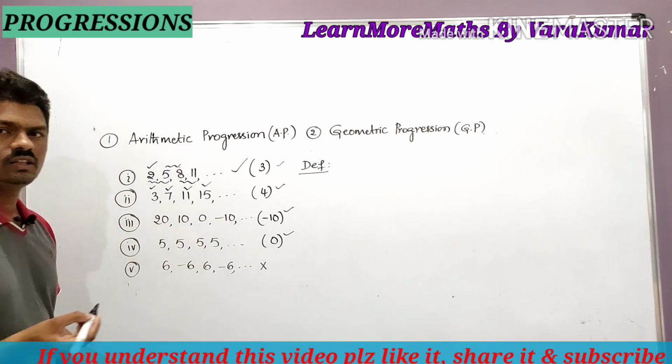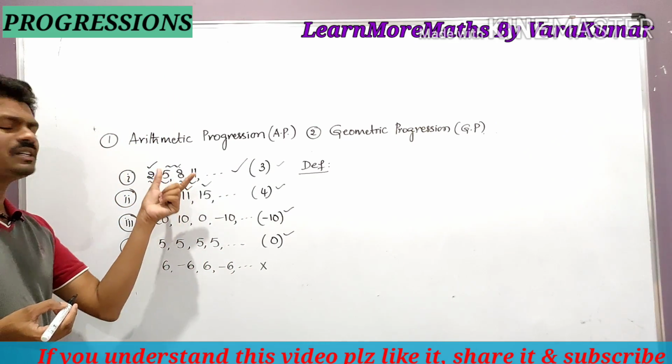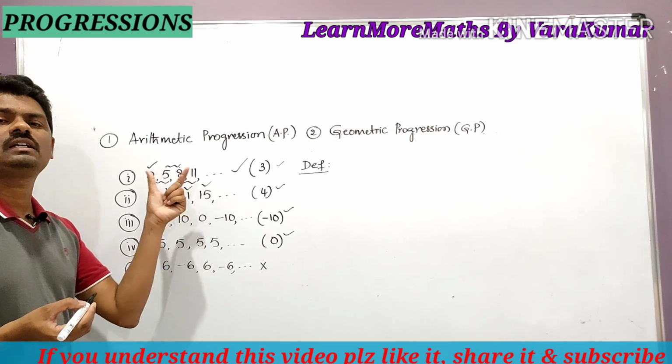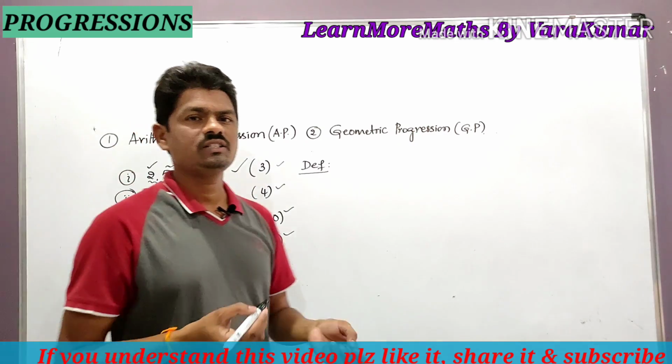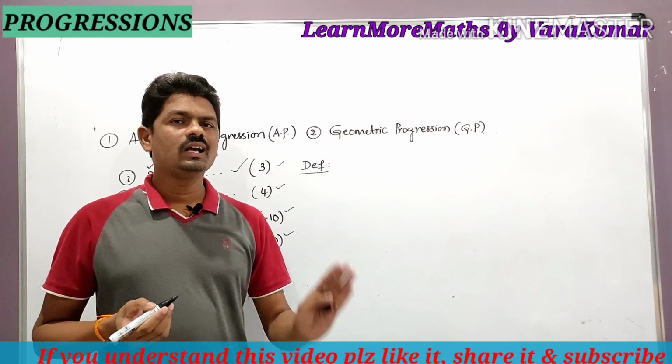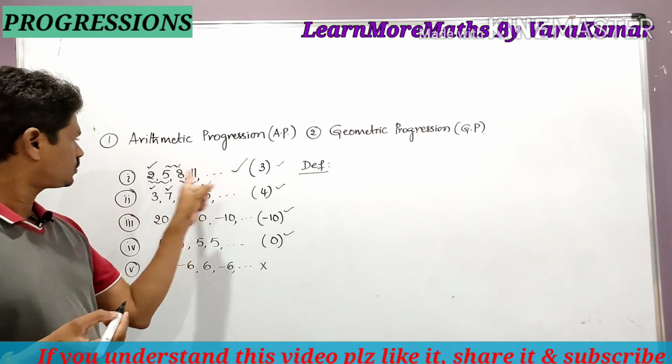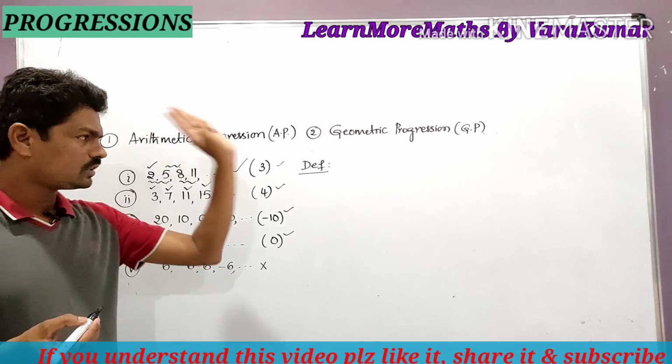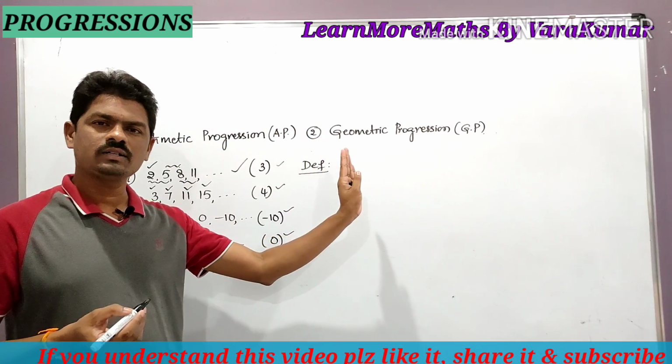The numbers involved in the list are called the terms. So, arithmetic progression is a list of numbers like these.